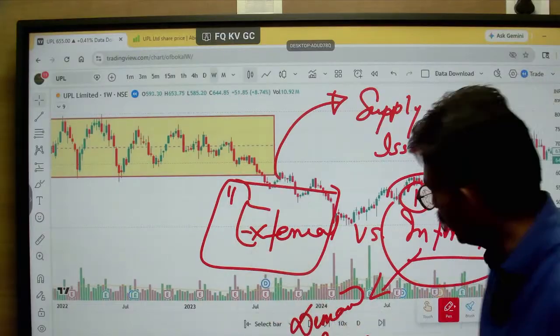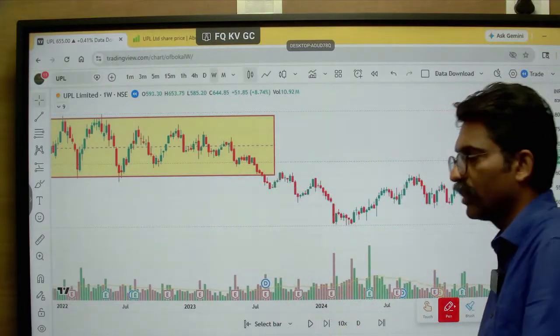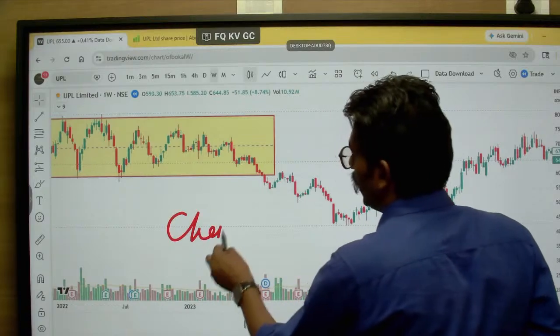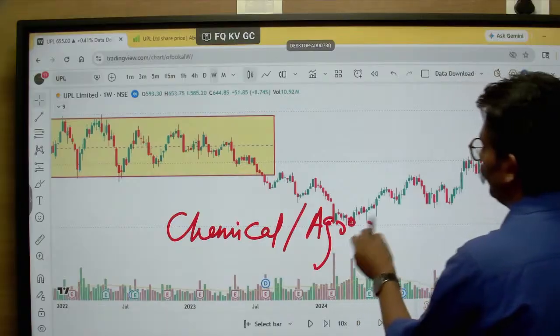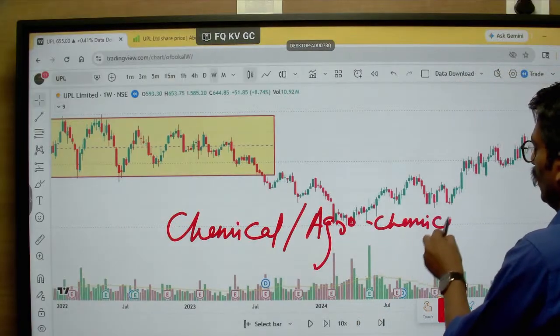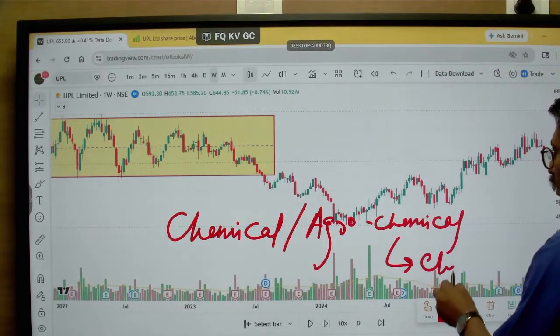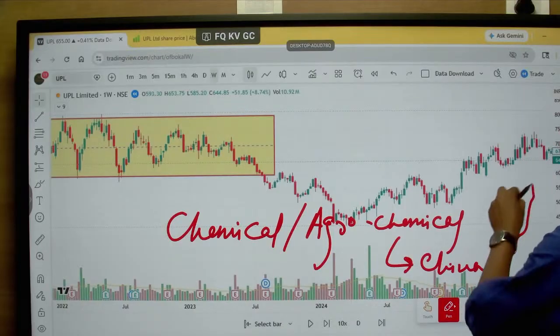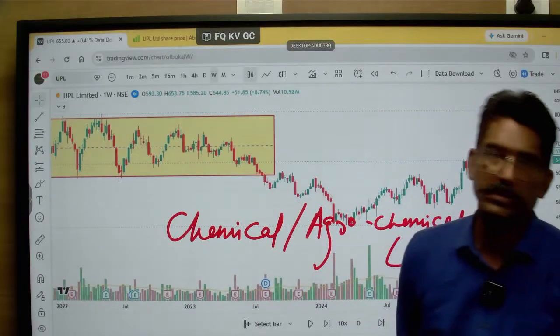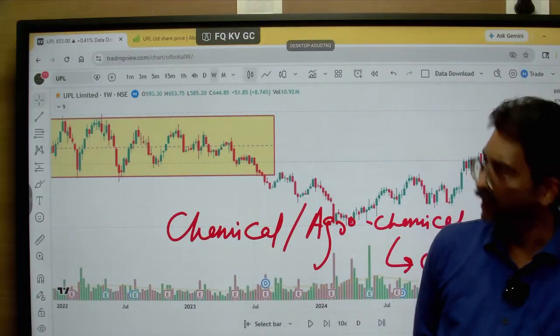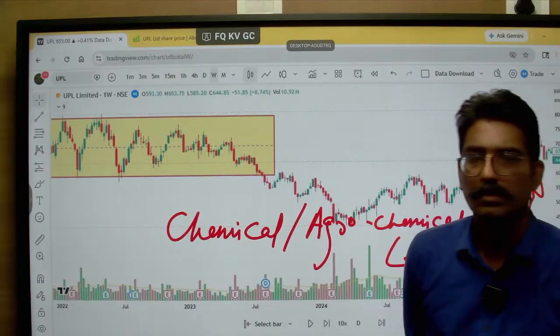China is the real issue, because all this chemical material, the agrochemical, comes from where? It comes from China. And if you look at the inflation cost, the supply cost has shot up significantly. So whatever you are getting from abroad, it's an issue.